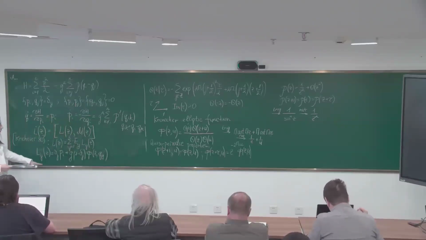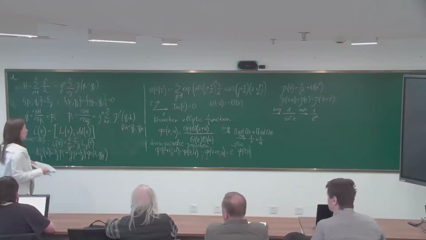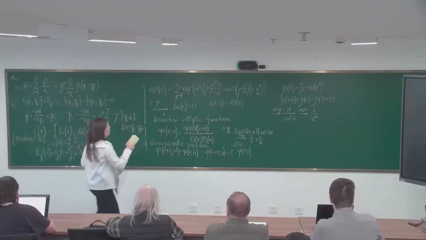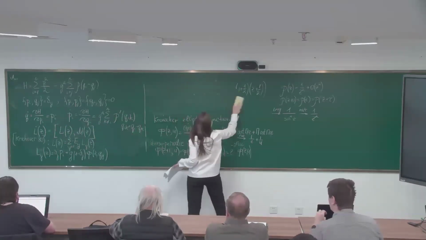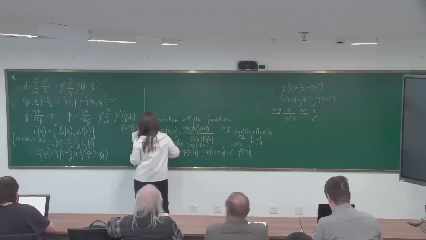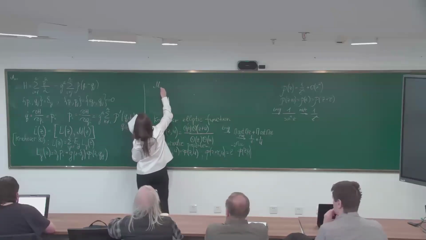So we have here this Kronecker function phi. And I will show you how M looks. And M_ij.